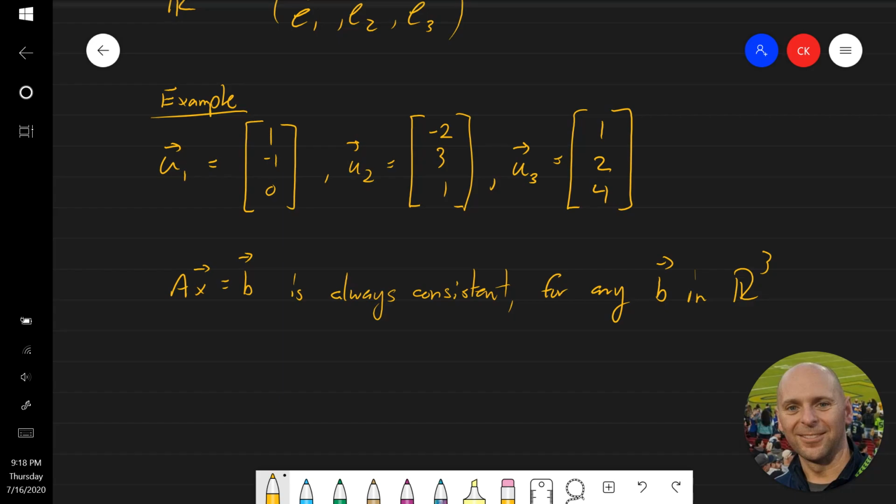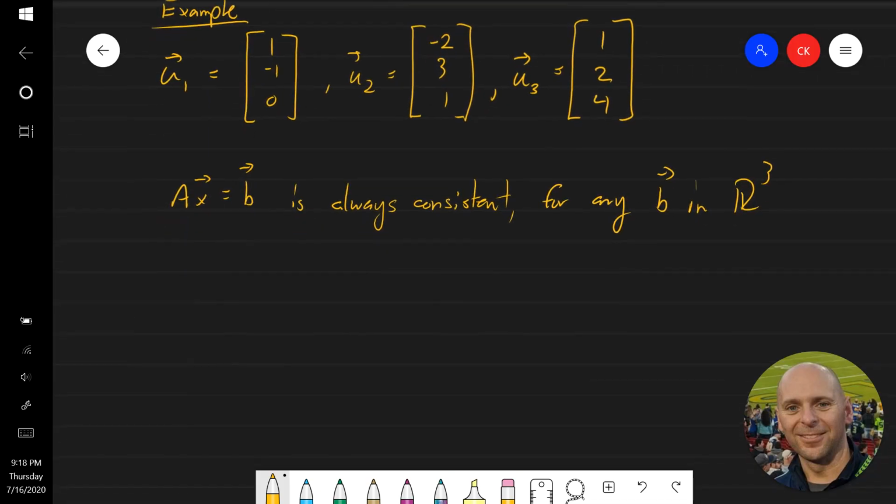So to check the first part of this question, we can simply verify that the matrix made from a column of vectors is row equivalent to I3, the identity matrix in R3. And for the second question, we have to verify this other statement, that AX equals B is always consistent for any B. So let's look at the augmented matrix we get when we put in our vectors.